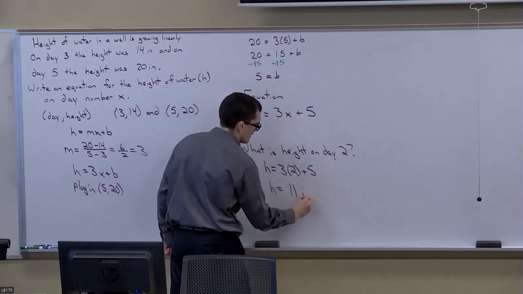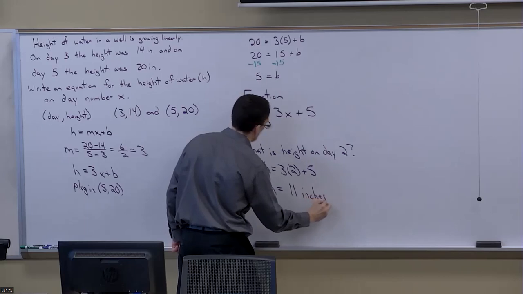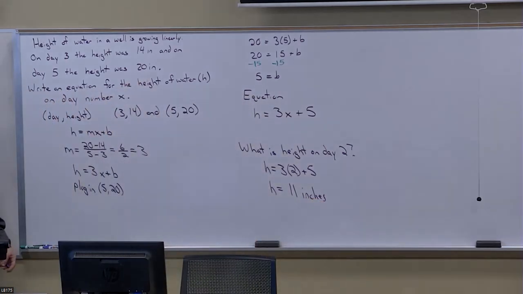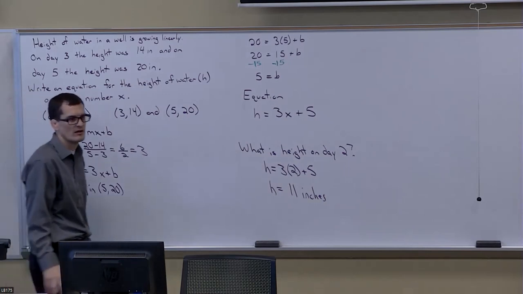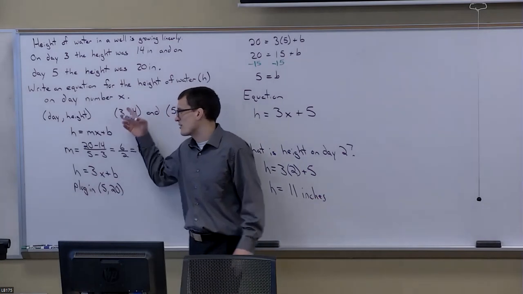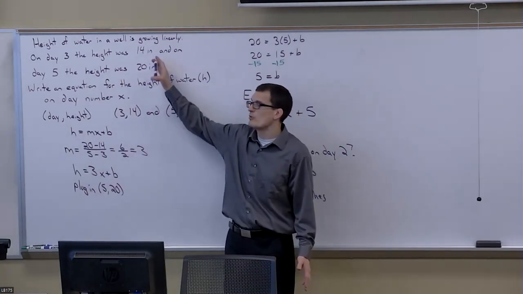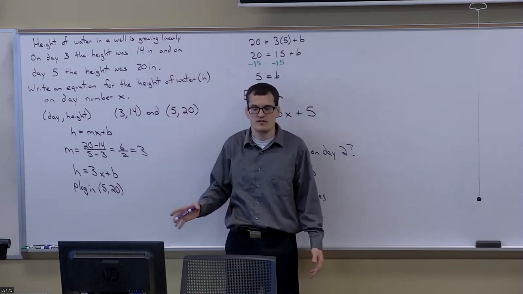Looks like 11. This was all in inches, so 11 inches on day 2. Any questions about that process? Again, it's the exact same process we were just doing, except now the 2 points are disguised inside the word problem.